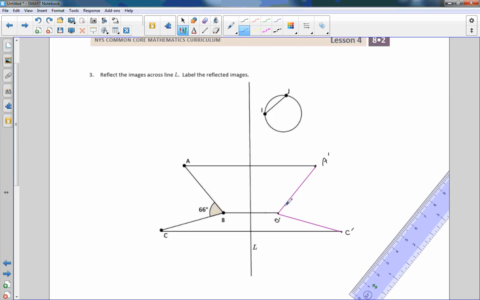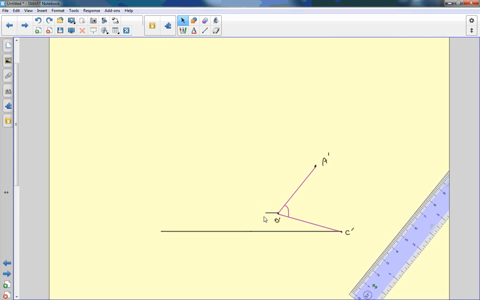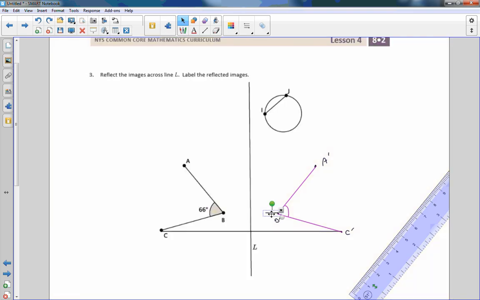And now I'm going to mark this like so, and then I will erase these lines. Oh, don't want to erase everything. Okay, so there's the reflection of my angle.